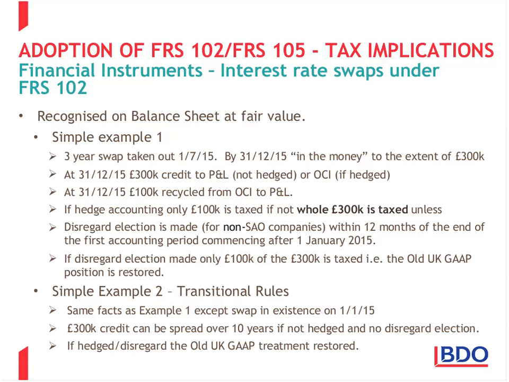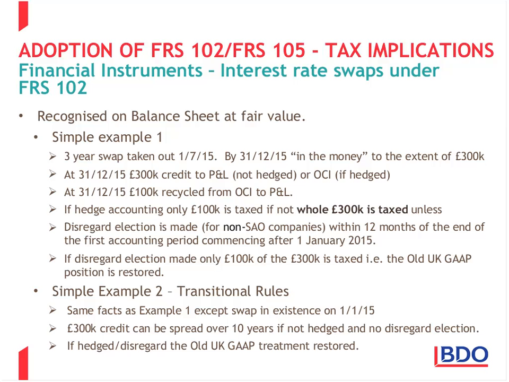So the issue with swaps is if no action is taken, the movements tend to be very volatile. For example, here we have a £300,000 credit in 2015 being taxed all at once. Next year there might be a movement the other way, and that will be taxed correspondingly or tax release correspondingly. So disregard elections and recycling through the statement of comprehensive income may well spread out the adjustments and make it less volatile.